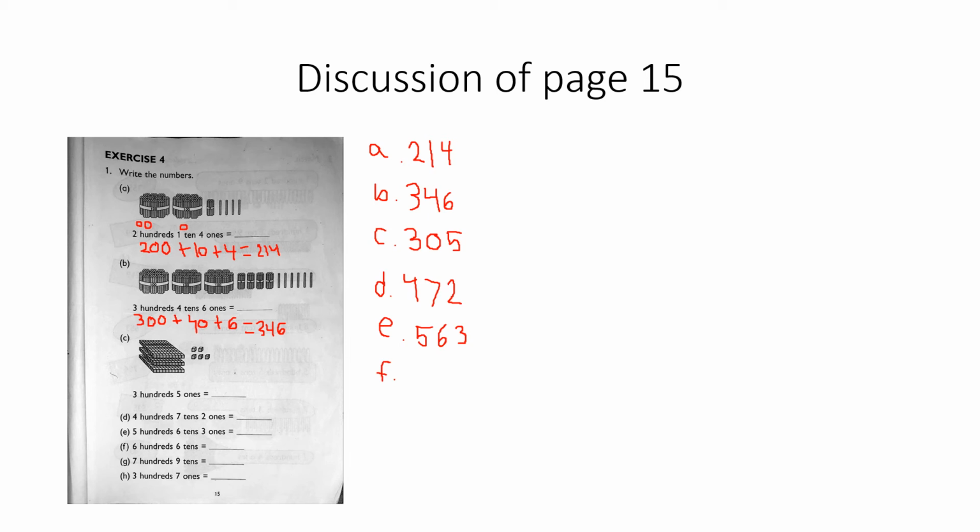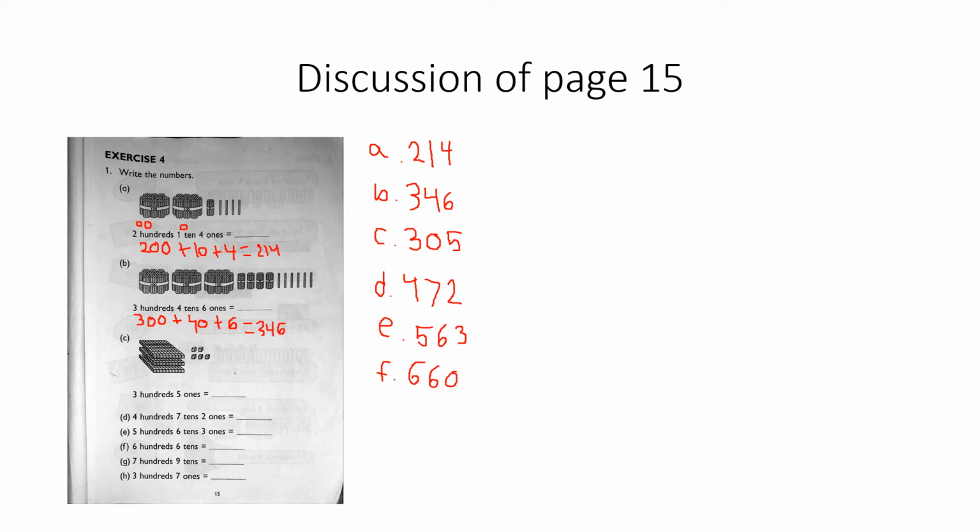Letter F, 600s and 6 tens. Okay, so I have 600s, 6 tens, and no ones. I only have hundreds and tens. So in the ones, I'm just going to add a 0. So that would be a total of 660. 600, 6 tens, and that's about it. I don't have any ones.